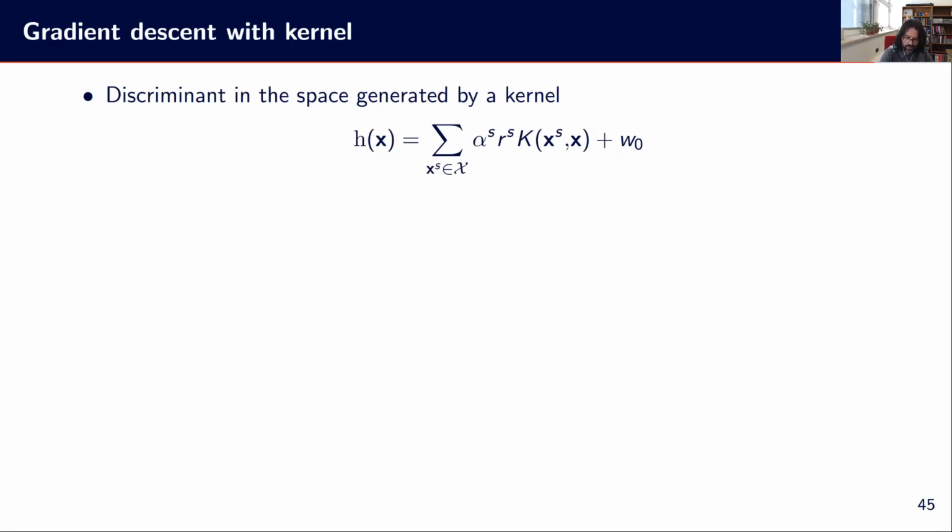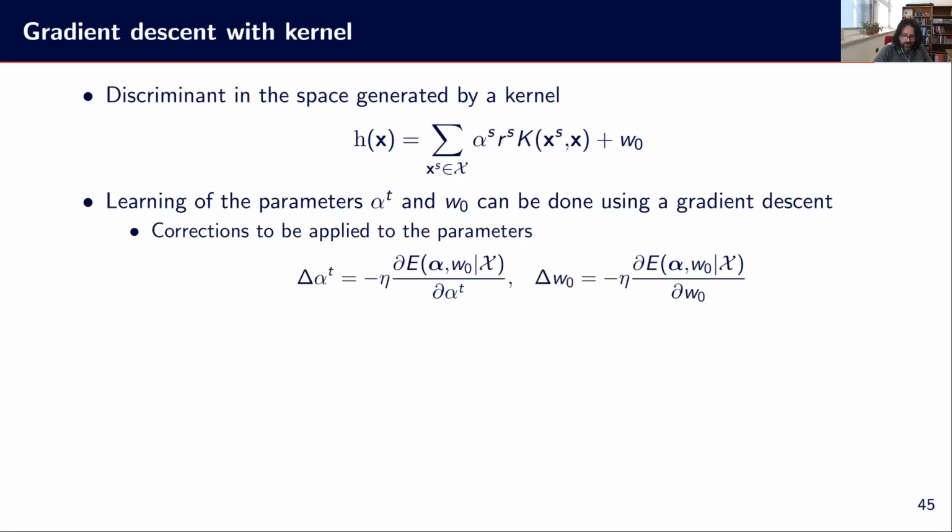So with this, what can we do? We can define that this time we will learn it differently. We want to learn the parameters alpha and W0 using gradient descent instead of using quadratic programming as we are used to do in basic, standard SVM. So we will apply corrections to the parameters.